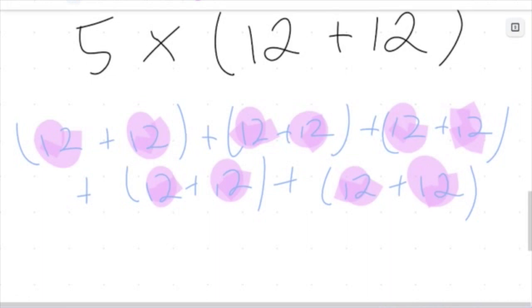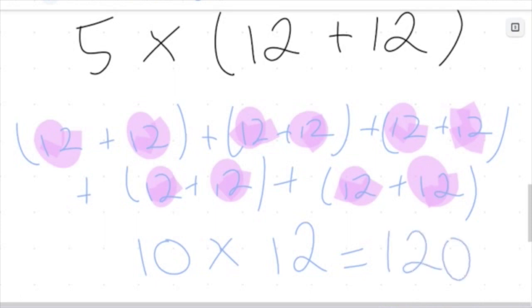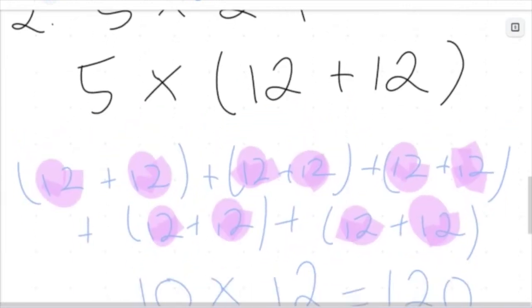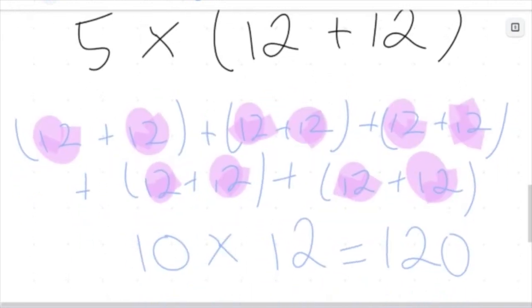I have 10 groups of 12 altogether. Now, 10 groups of 12, I can write that as 10 times 12. And what's 10 times 12? Well, from our times tables, we should know that that is 120.